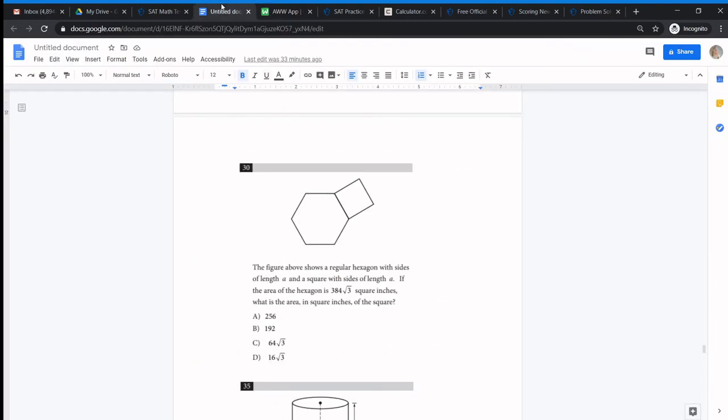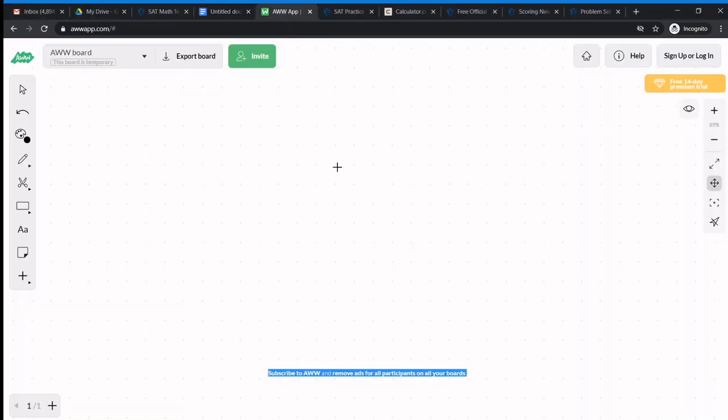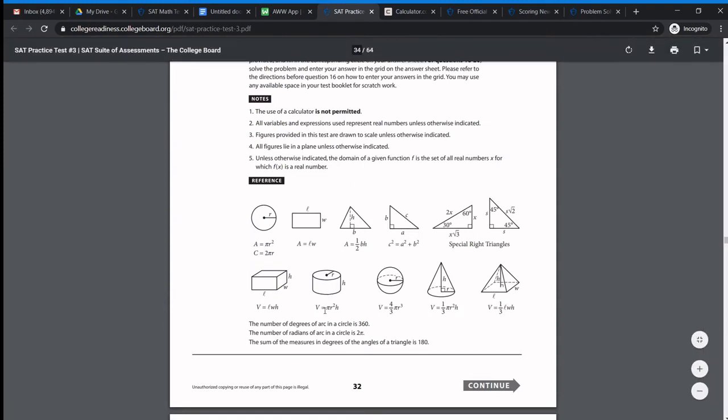Alright. Now let's look at this problem. This one is a lot more simple of a problem. Let's look at the practice section. It gives you the formula for the volume of a cylinder. Volume equals pi r squared h.